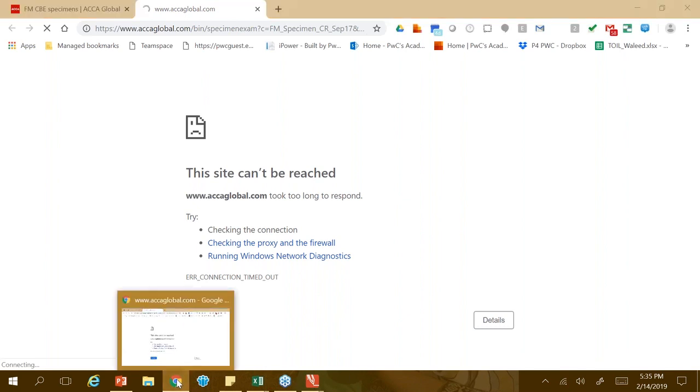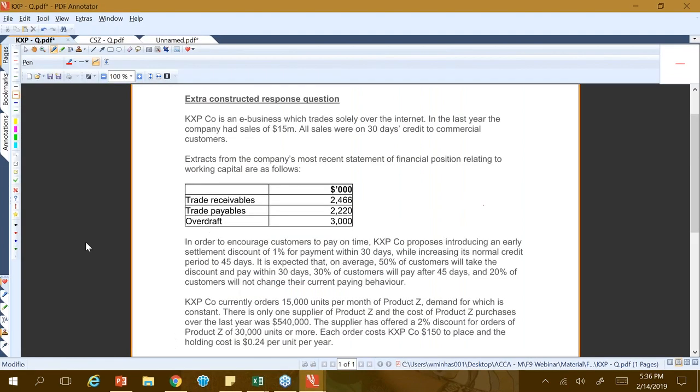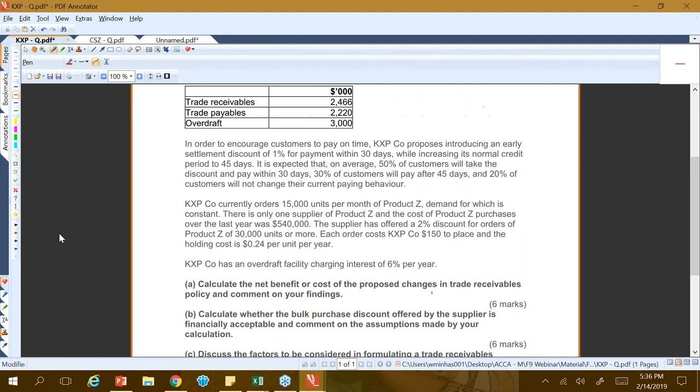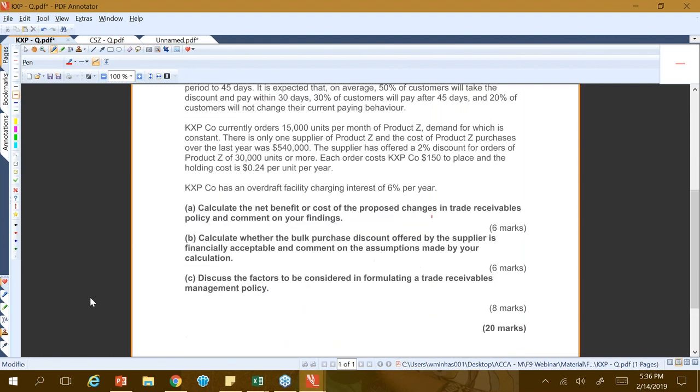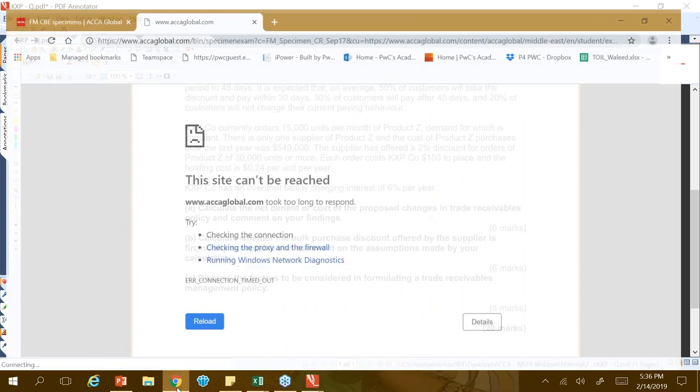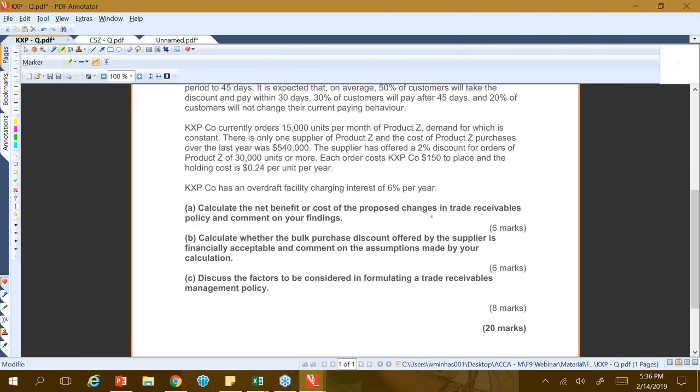Okay, so while that recovers, we can just go into the question from here, which is within this webinar, the 20 marker. So let's see the requirements here. It says calculate the net benefit or the cost of the proposed changes in the receivables policy, and then comment on your findings. So we have to do two things here.